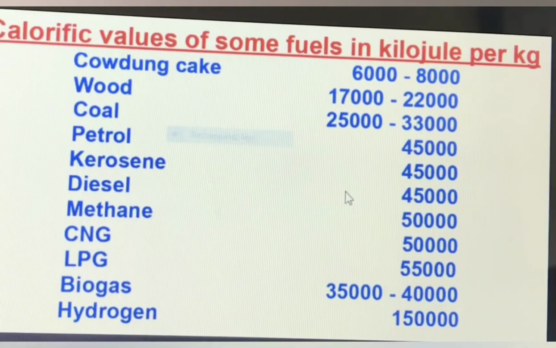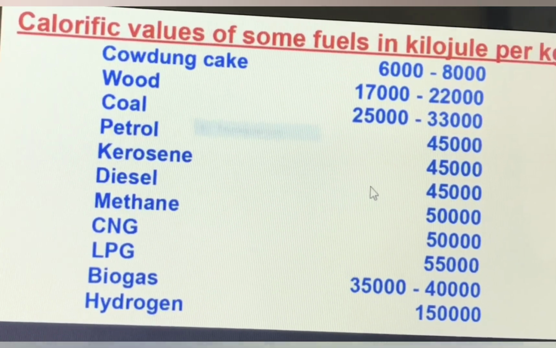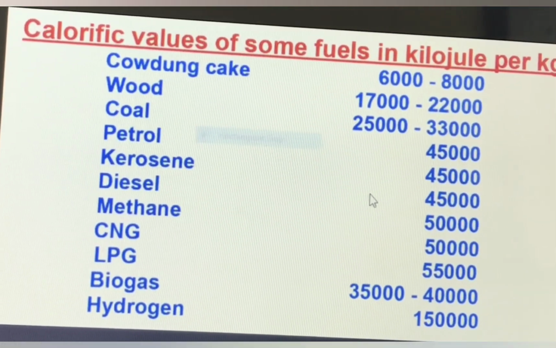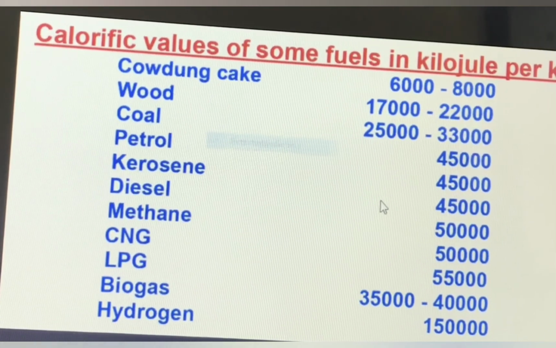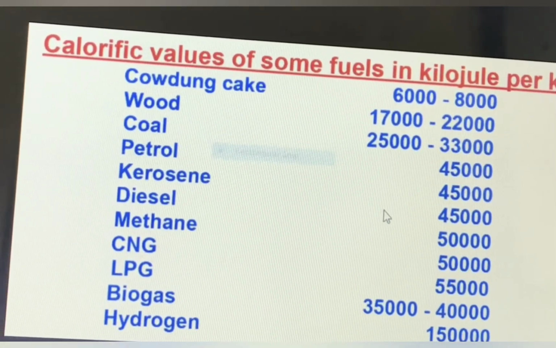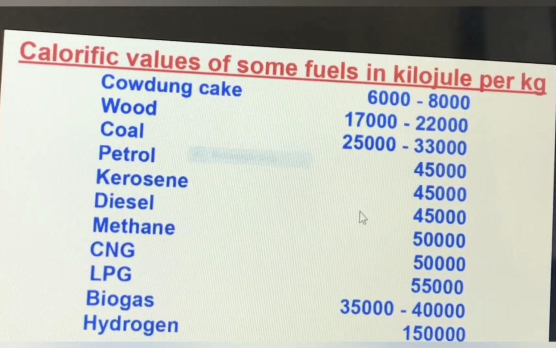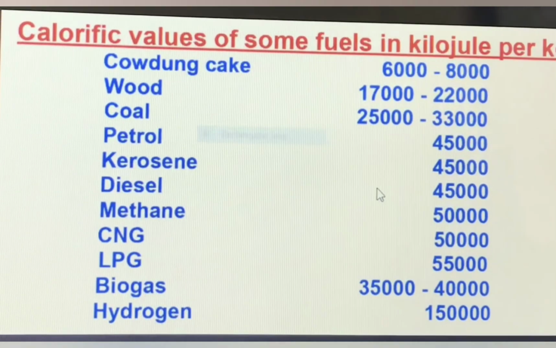Which are the calorific values of some fuels? We may use these fuels: cow dung cake, wood, coal. Cow dung cake and wood have very low calorific value. They may be used for domestic purposes, but not for industrial purposes.